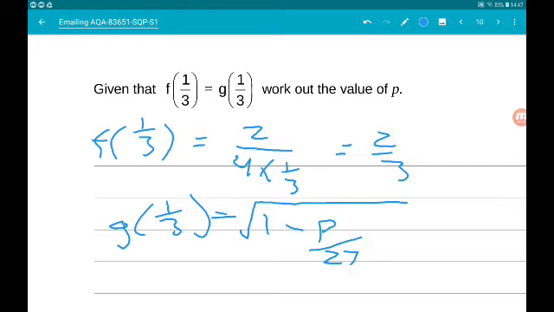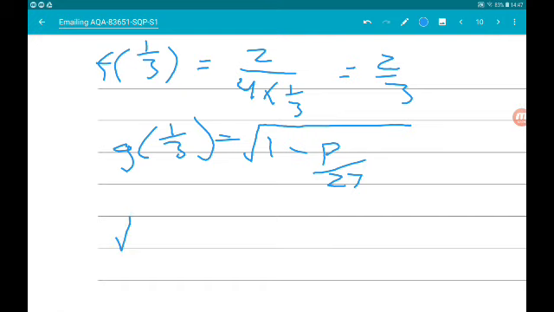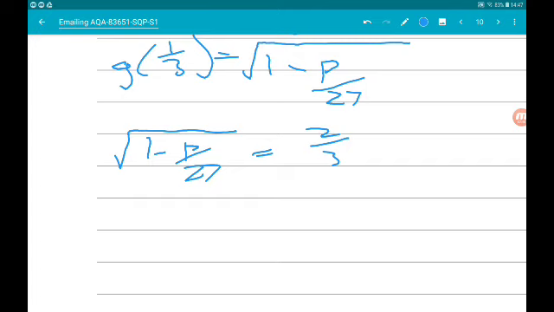Now we know that this whole thing, the square root of 1 minus p over 27, is equal to 2/3. So now we want to solve this for p. So first up, square both sides. So we get 1 minus p over 27 is equal to 4 over 9.